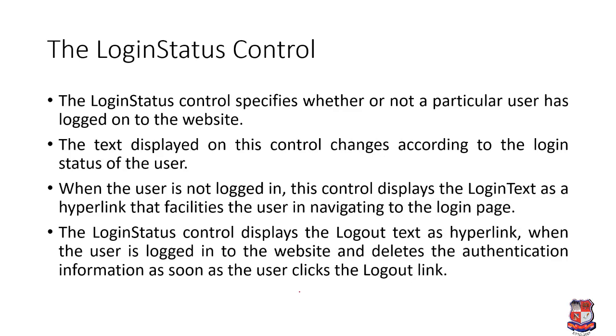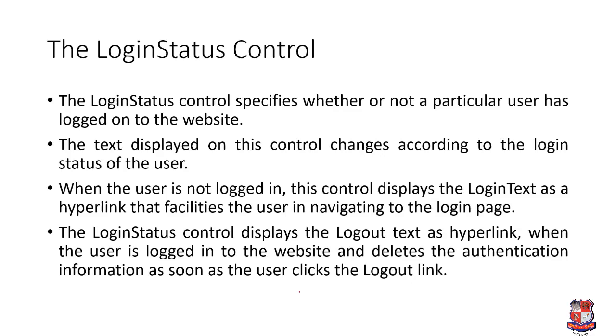Before login, that particular hyperlink gives us the caption login. After logging in to the website, it automatically gives us the caption logout. So this is how that text will change. This is just because of the login status control.